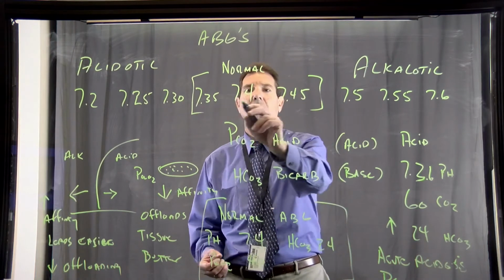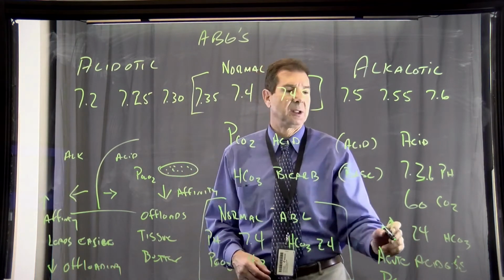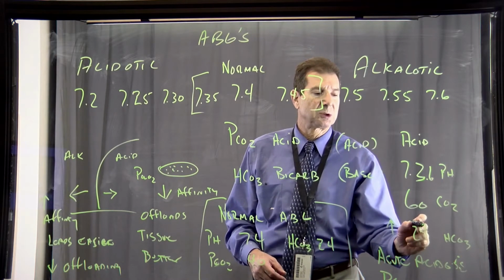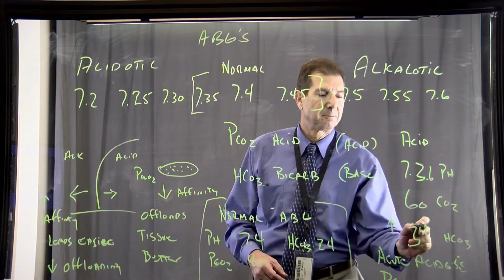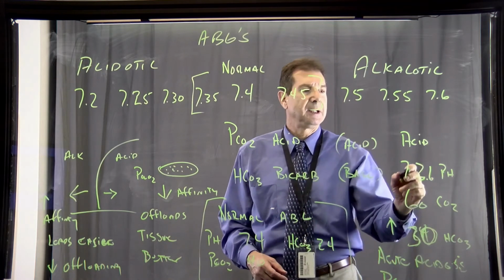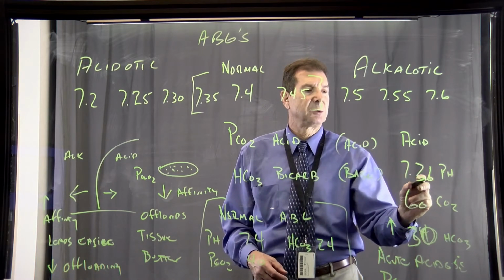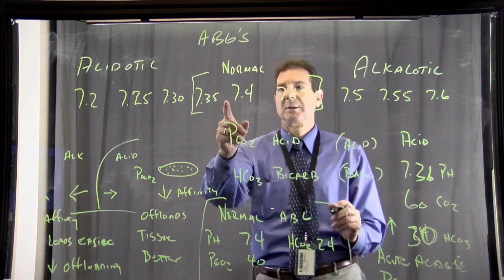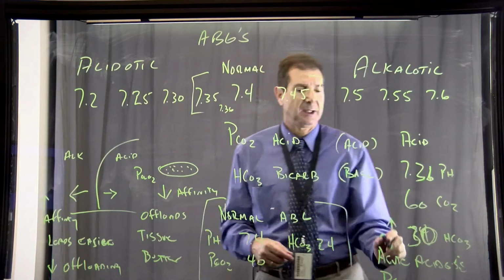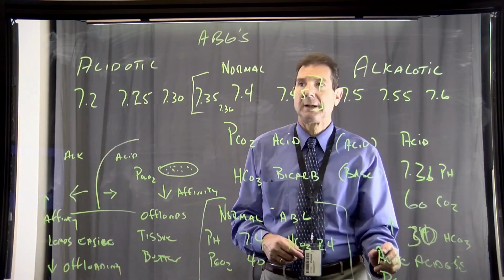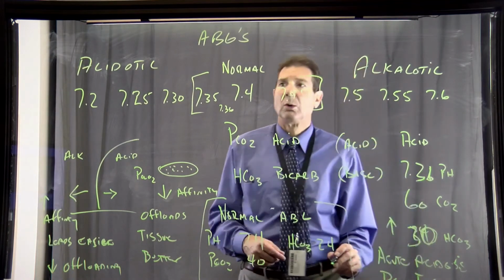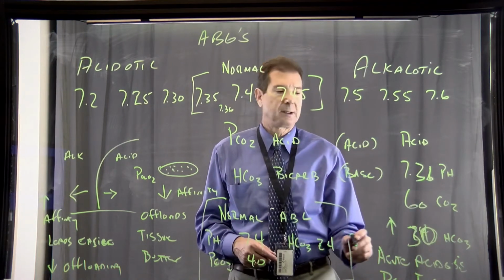It'll eventually come back into range. And when it comes all the way back into a normal range, even though the CO2 is high, if the bicarb, say, goes to 30, and the pH comes all the way back into normal range, 7.36 is back in the normal range, we would say that is fully compensated, or a chronic condition.